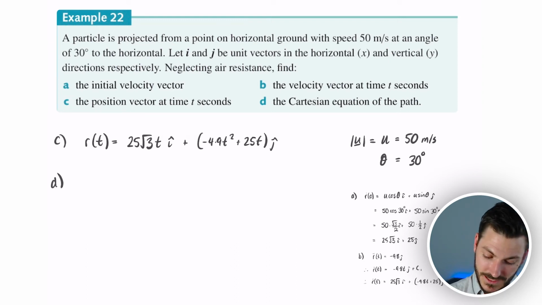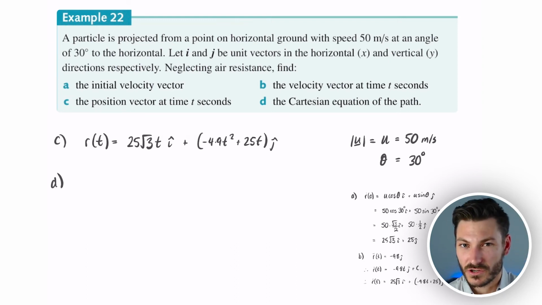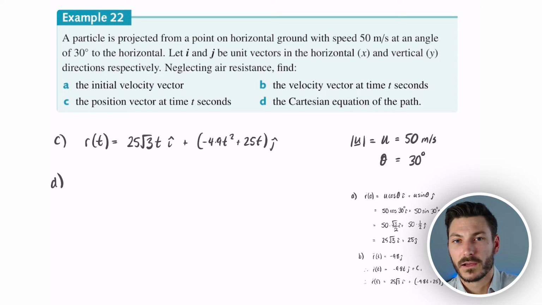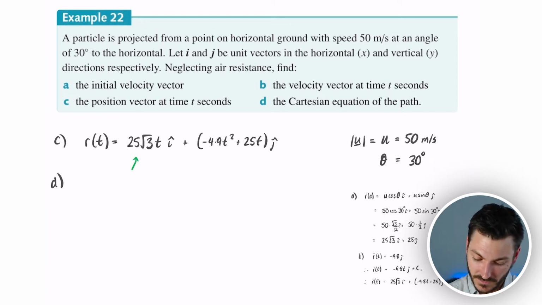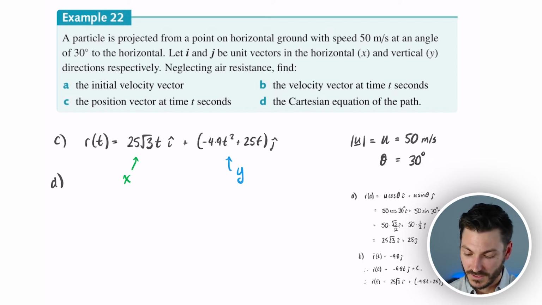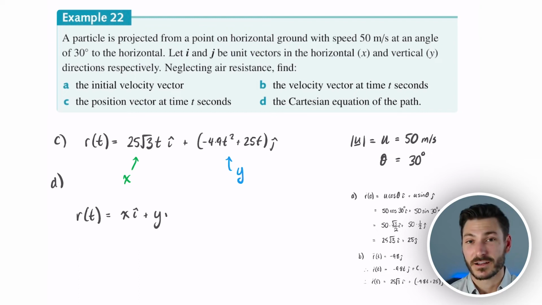And finally, part D asks for the Cartesian equation of the path. So this is where we take the time variable, represent it in terms of x, and substitute it into the y variable. I'm going to treat the i direction as x and the j direction as the y value, because we can represent any vector r of t as x in the i direction plus y in the j direction, and we can get the Cartesian equation from that.